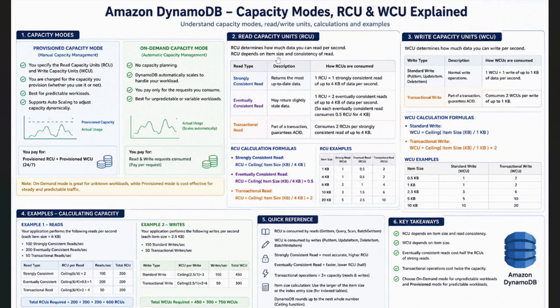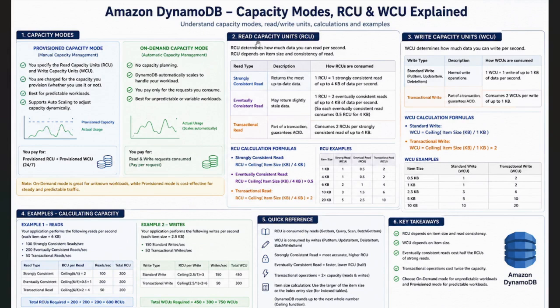And it depends on two things. One is the item size or the row size, and the other is the consistency of read. So whether you want a strongly consistent read, an eventually consistent read, or a transactional read. Based on this, the capacity units or the charges basically change.